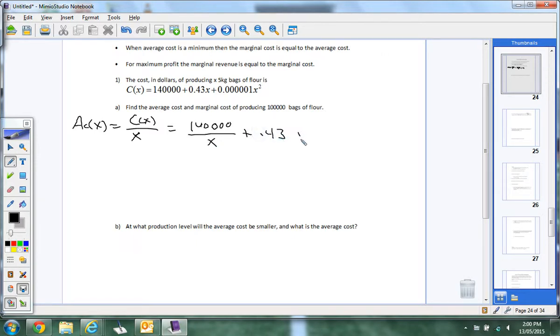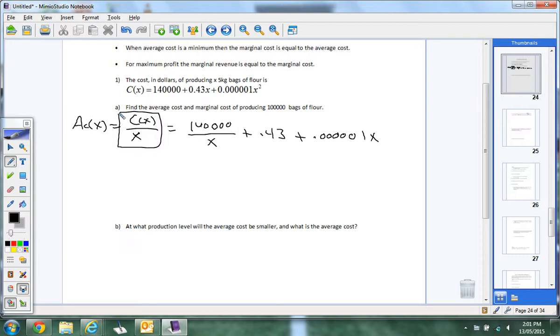Then the next term is plus 0.00001234512345 x, because the x squared cancels with an x. So I took the cost equation and divided every piece by x. X canceled, x squared is now an x. This is your average cost equation now, because that's what we define average cost to be: cost divided by x, which makes sense.